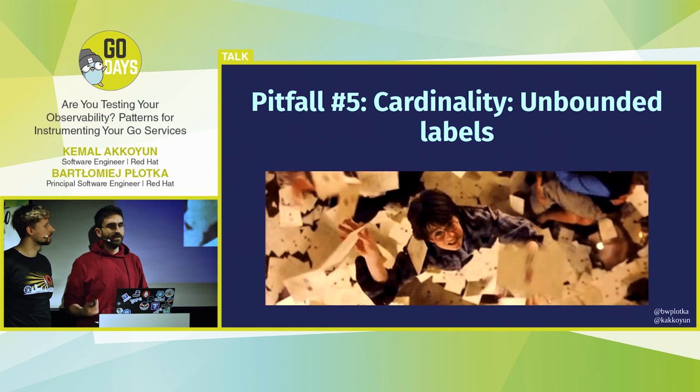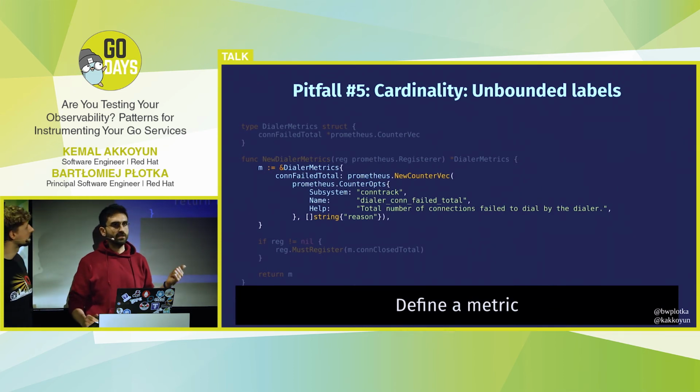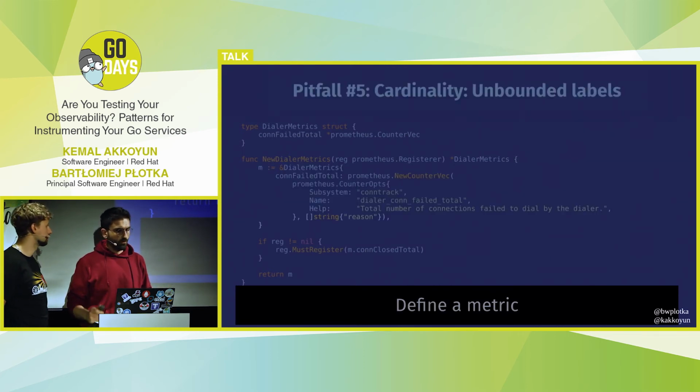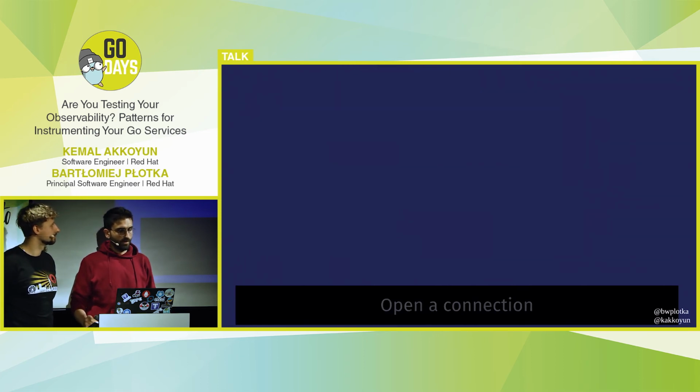So let's see some bad examples, how we can introduce unbounded labels and increase the cardinality. So again, we have a metric, we register it. This is for tracking the connection failures. So for this one, let's say we add an error reason, and whenever we have a connection error, let's just put that in there and increment our metric. What could go wrong, right?